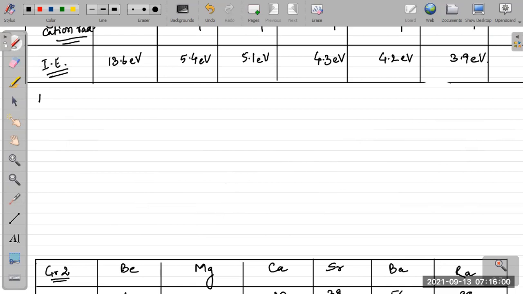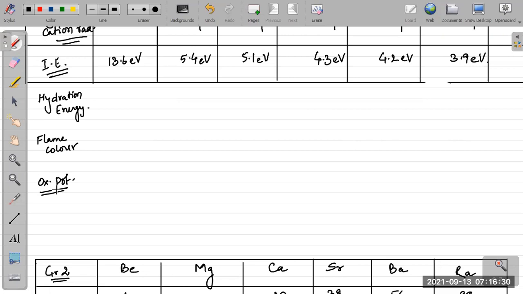That is hydration energy. And the second piece of information is flame color. Third one is oxidation potential.